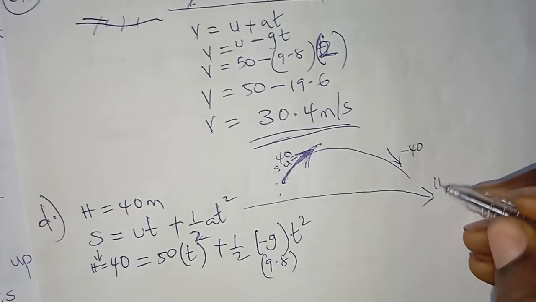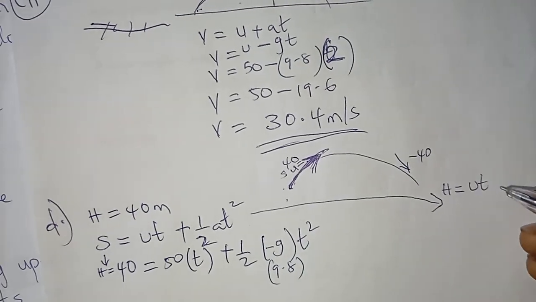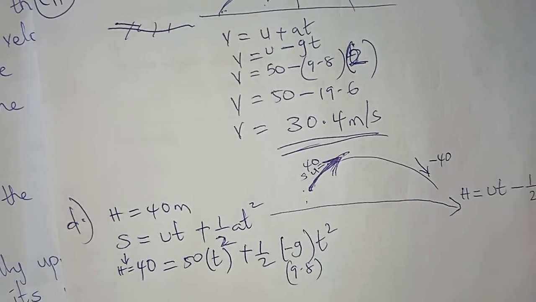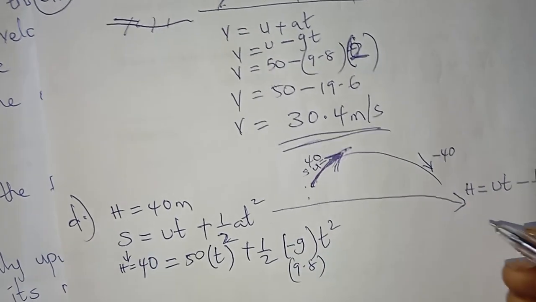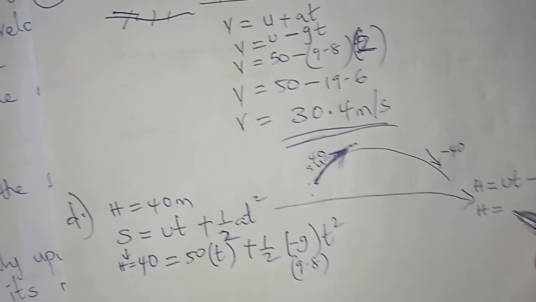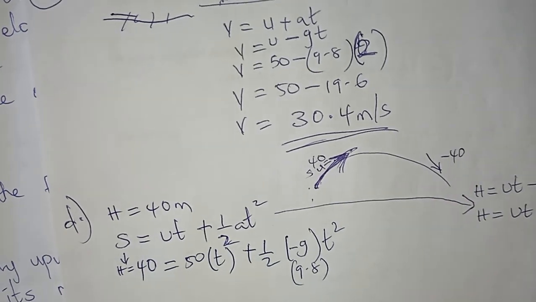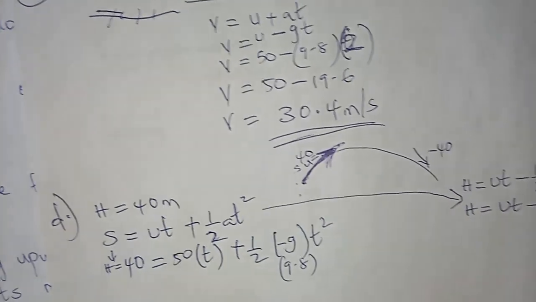So I have h equals ut minus half gt squared, which is the same thing as saying h equals ut minus gt squared over 2.